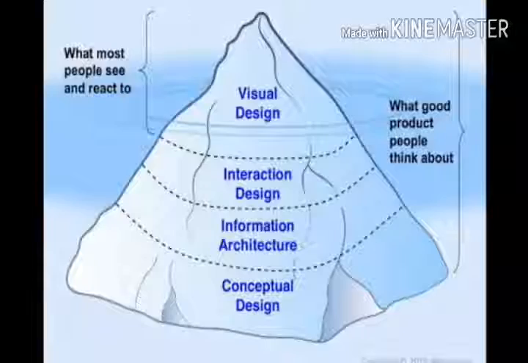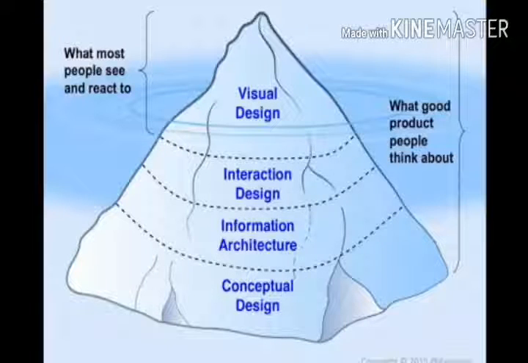Olsen talks about a user experience design iceberg, which has 4 stages, namely conceptual design, information architecture, interaction design, and visual design. This is the UX design iceberg. Starting from below, conceptual design deals with the core concept of designing the product.